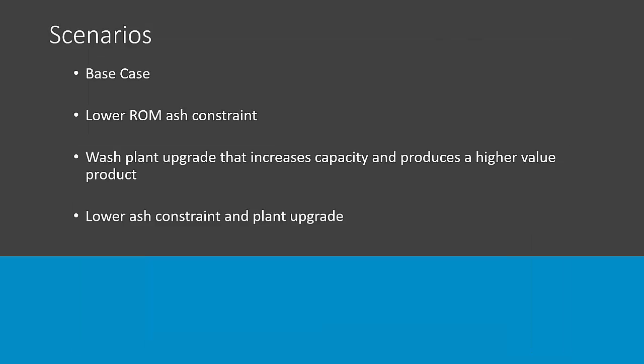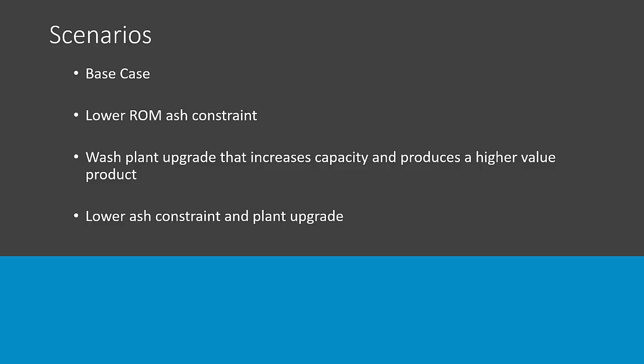So I have 3 scenarios that I want to talk about, and then a bonus 4th scenario. The first scenario is going to be a base case that I ran with ash at 4%. That would be coming from what you're trying to sell as a product, saying, hey, this needs to be at 4% or lower in order for me to sell.